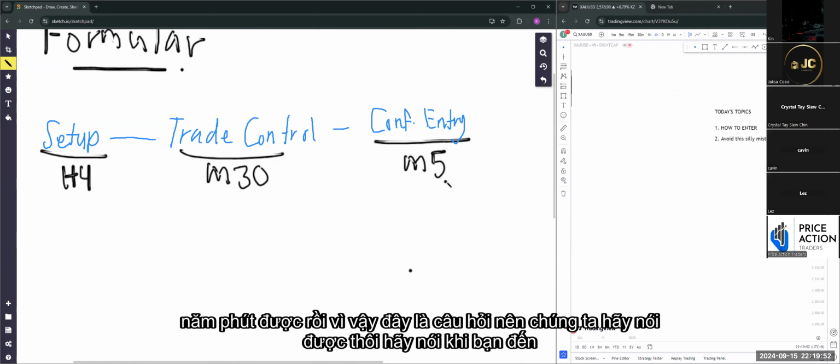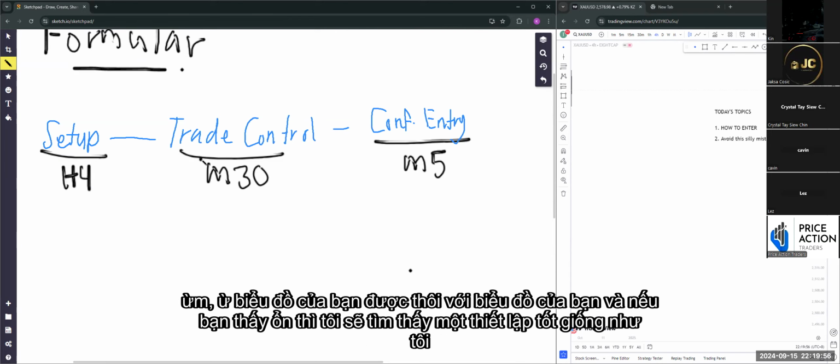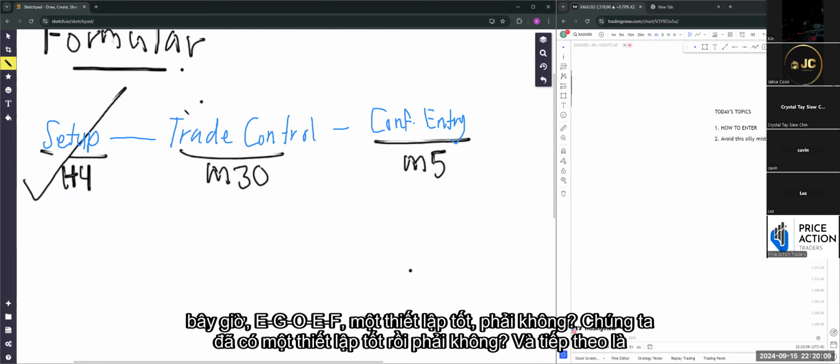So here's the question. Let's say you go to your charts and find a good setup, which, as I said just now, is EG or EF. We already have a good setup.